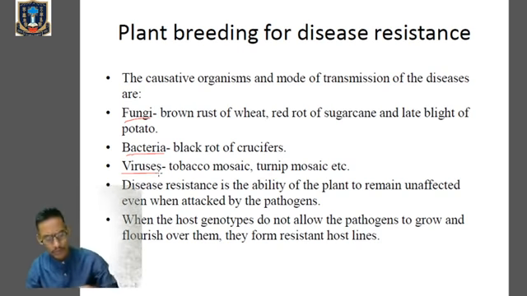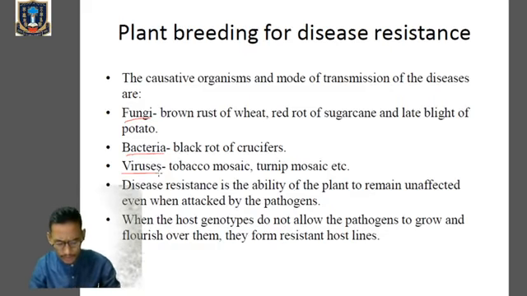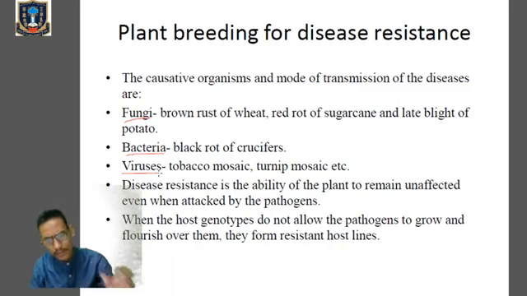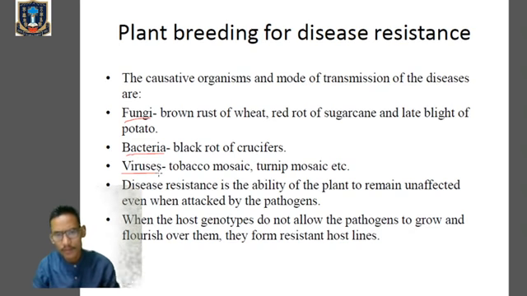Clear? So breeding and development of disease resistant cultivars or varieties of crops enhances food production and reduces the dependence on fungicides, which are mainly used to kill fungi, and bactericides, which are mainly used to kill bacteria.